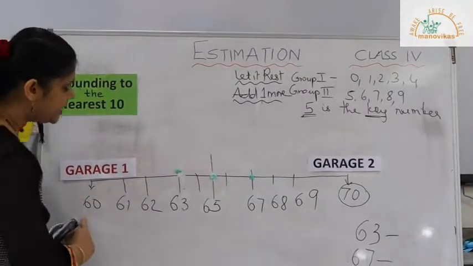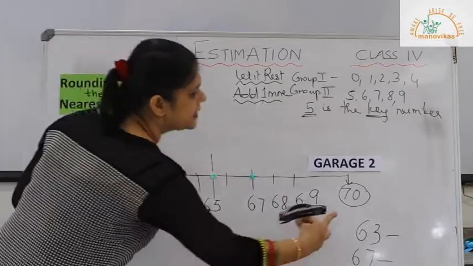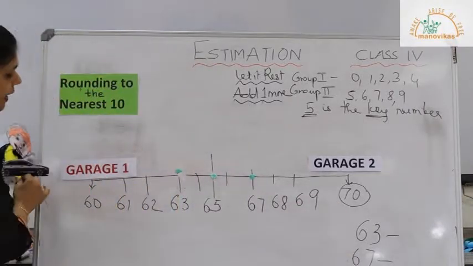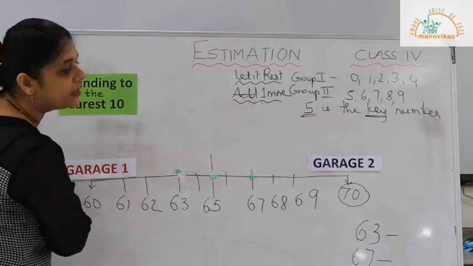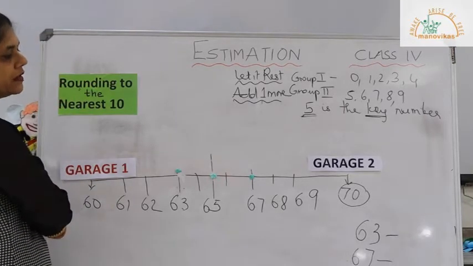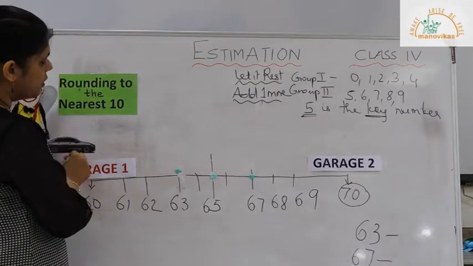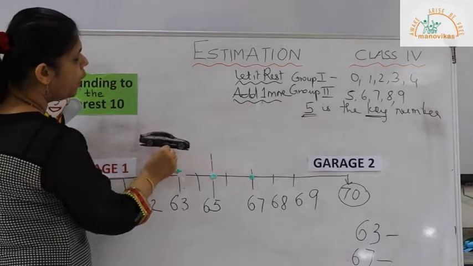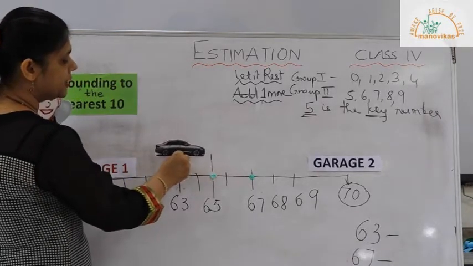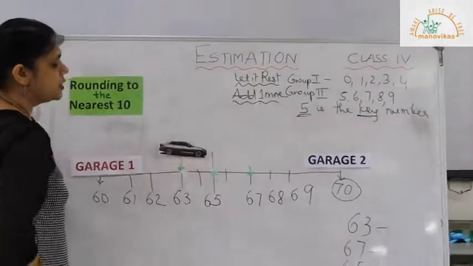Now I will demonstrate this example with the help of a story. Imagine there is a number line that starts at 60 and ends at 70. There is a garage 1 at number 60 and garage 2 at number 70. Now let's begin. Tinku goes for a long drive in his car, and on the way when he reaches number 63, his car breaks down and stops.